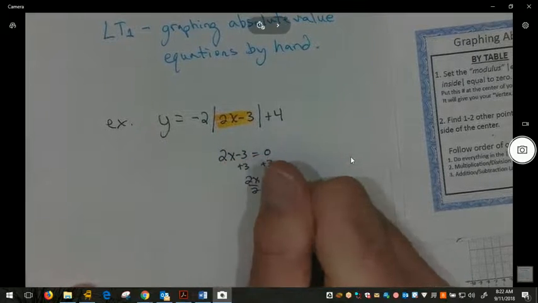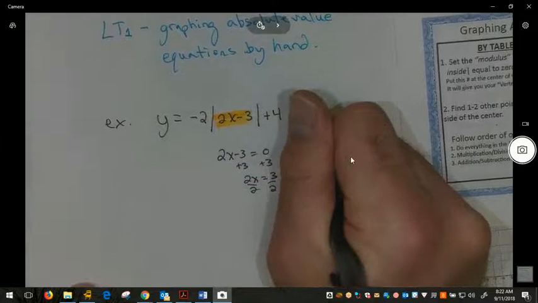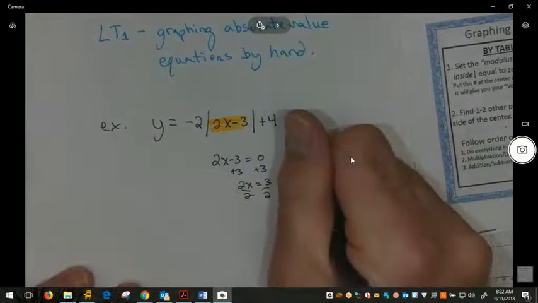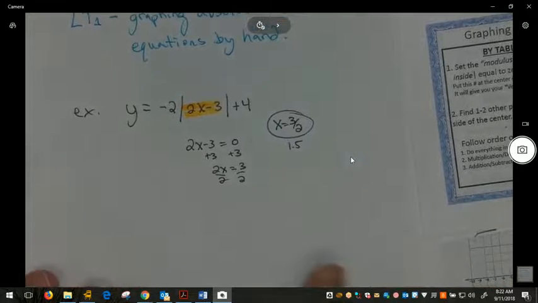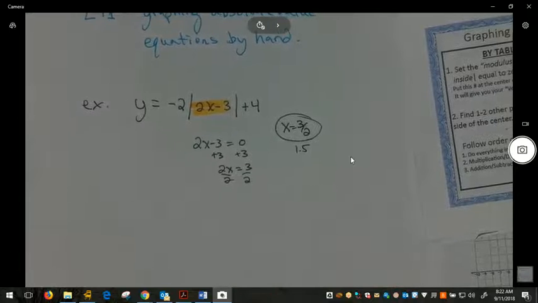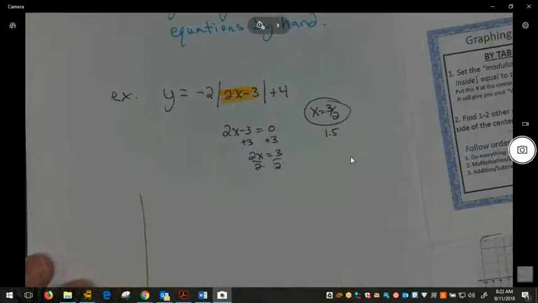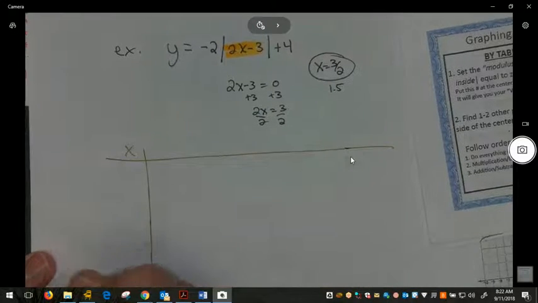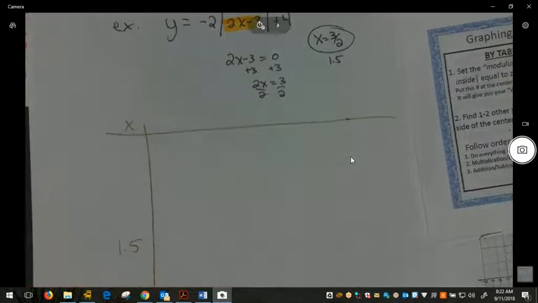When I divide by 2, I get that x equals 3 halves is our center. 3 halves is 1.5. So I'm going to want numbers to the right and left of this in my table, and I'm going to want this number in my table as well. As I make my table, we have 1.5 in the middle of our table.